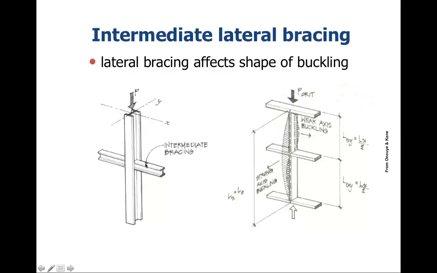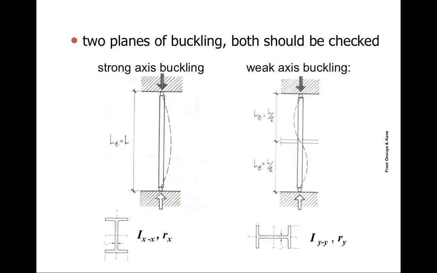So if we brace it here, what we've done is basically shorten the distance where buckling can occur. So now we have this distance, but not the overall distance. Therefore we've effectively shortened the length of the column with respect to its buckling response.